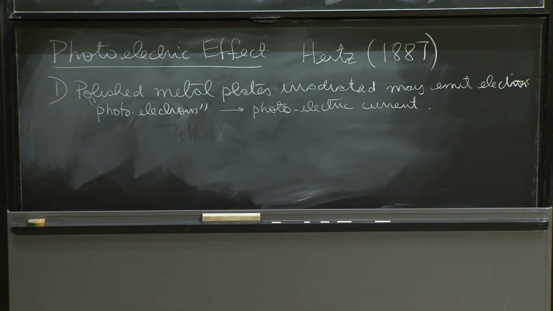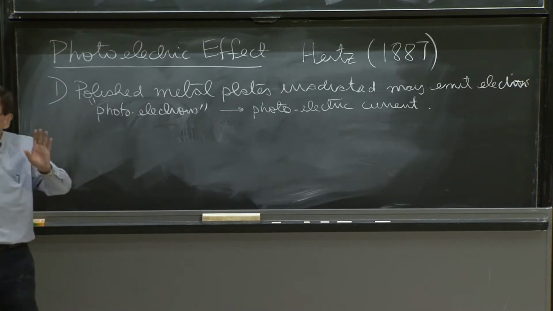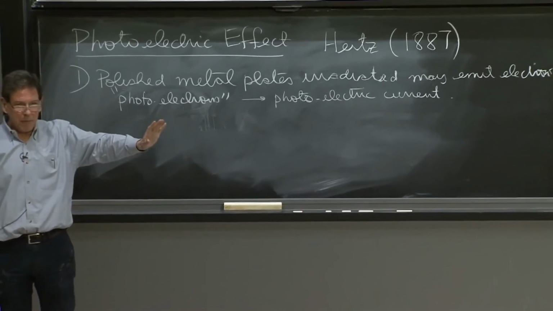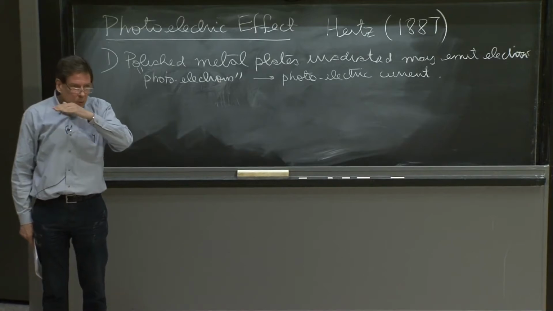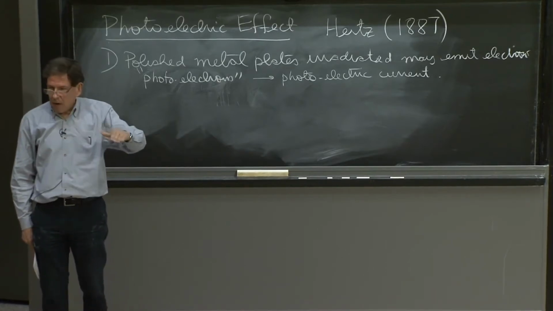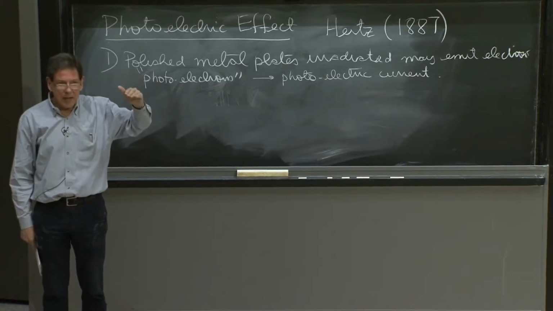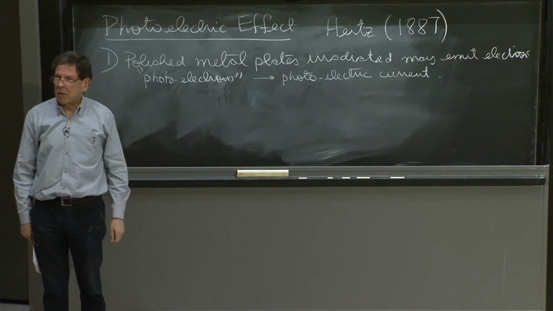But what was special about this experiment? The first special thing was that there was a critical frequency. If you would take a sample and irradiate it with light, beginning with light of very low frequency, nothing would happen. And all of a sudden, after a certain frequency, boom, you would get a current.